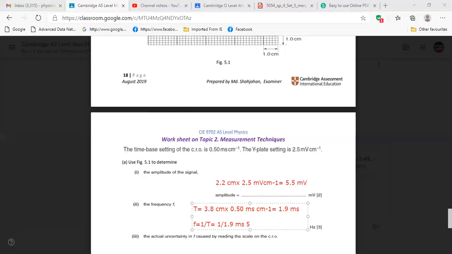Check. Yes, sir. Now I got it. Yeah, 526 hertz.